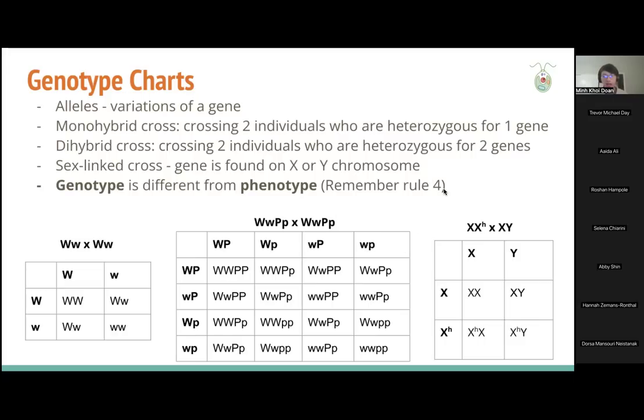If we consider X^H as an allele causing a disorder, you can see that there is a 50% chance that a son could be affected by the disease, but 0% of daughters would actually have the disease. You would only have a 50% chance of having a carrier daughter. Next slide, please.